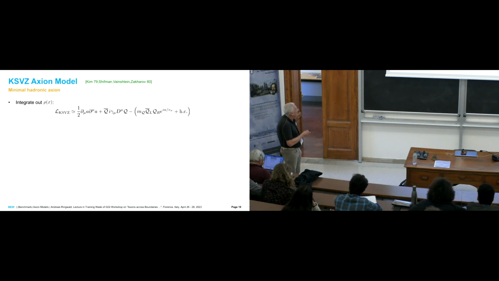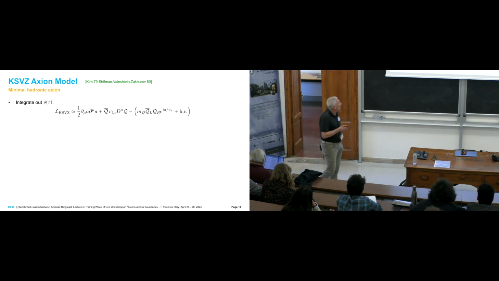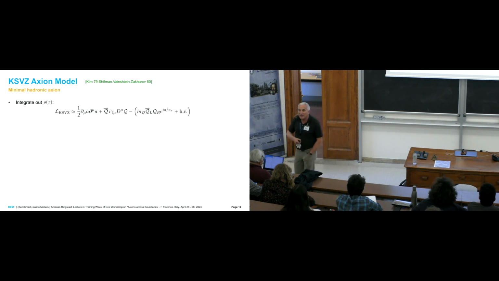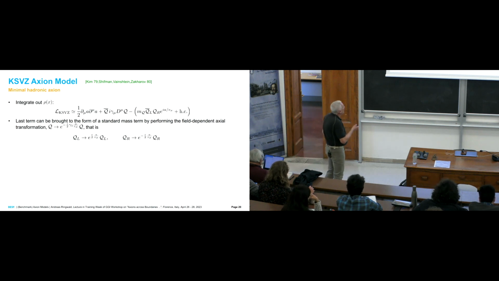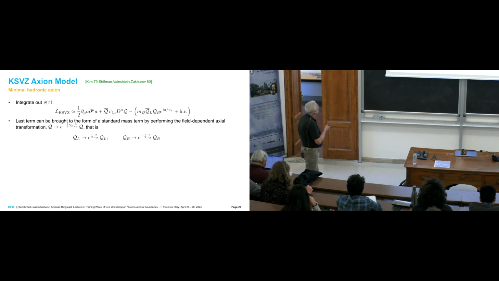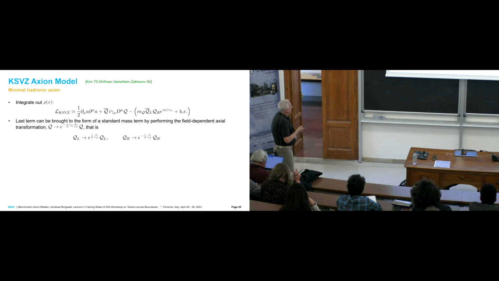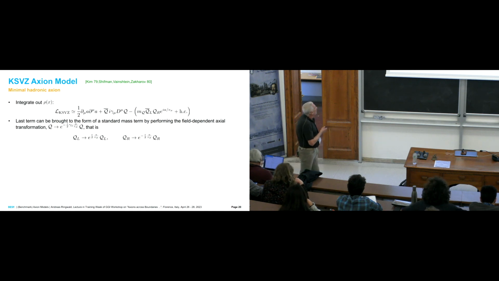And of course, now this mass term has this funny phase factor e^{i a/v_σ}. So it's not so easy just to integrate this out. So, how to understand what this means? In order to integrate the heavy quark out, we should bring this term to the form of a standard mass term.